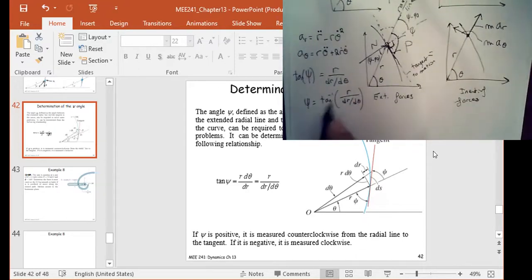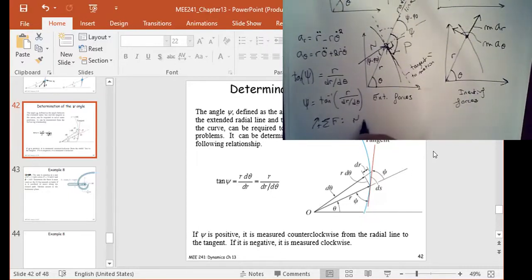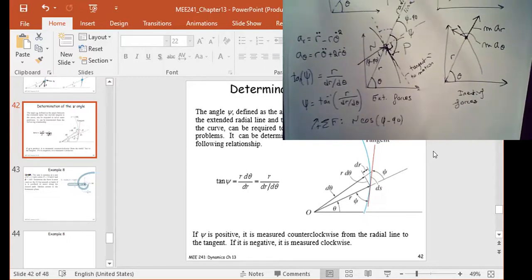Now I can sum the forces along the radial line. What do I get? I'm going to get n cosine of phi minus 90 equal to what?